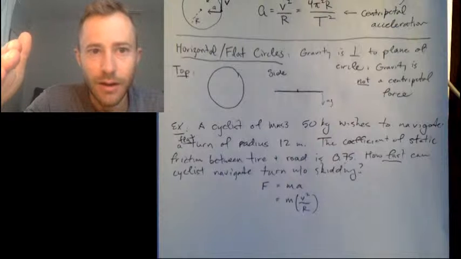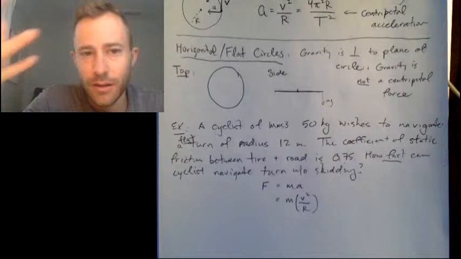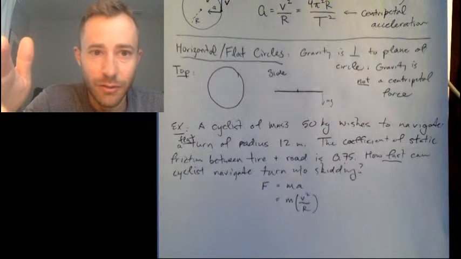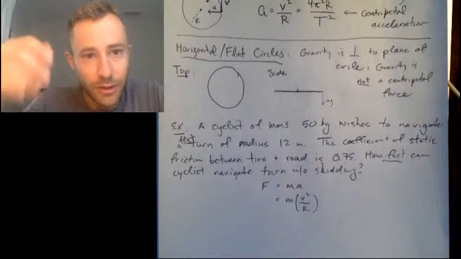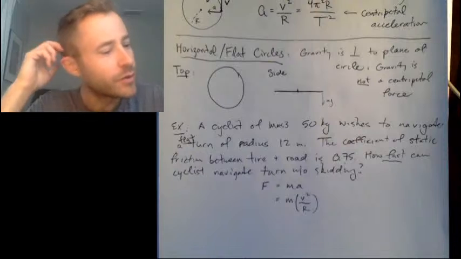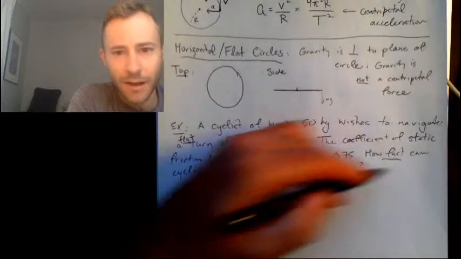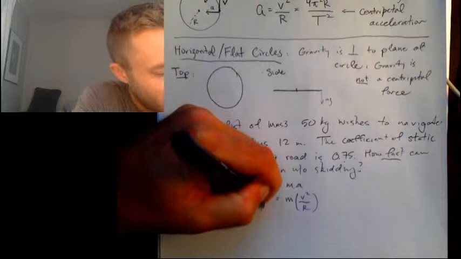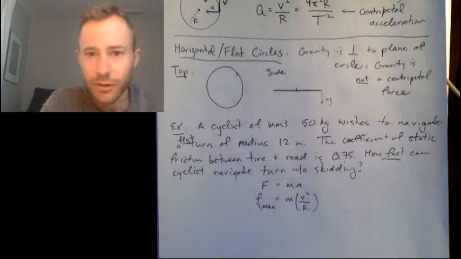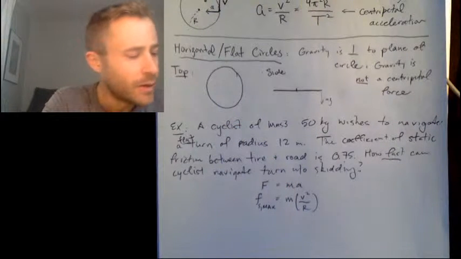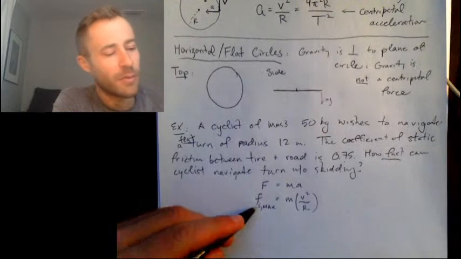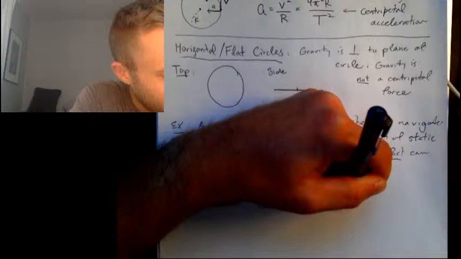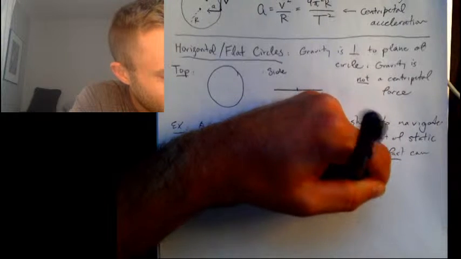Okay, and basically, if that's not enough to prevent the object from moving, it will start to move, and then you have kinetic friction. So basically what we're doing, because we're going the maximum possible speed, we are experiencing the maximum static friction. Okay? Now you might recall that the formula for maximum static friction is mu sub s times the normal force.